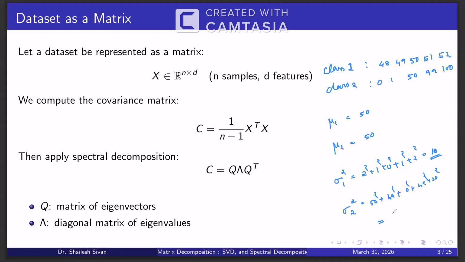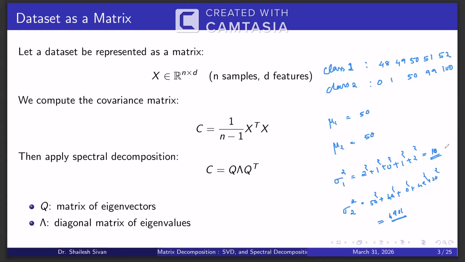Can anyone tell me what 49 square is? 49 into 49. 50 minus 1 whole square. 2500 minus 2401... 2401, yeah. 2401. 2500 plus 2401, so 4901.